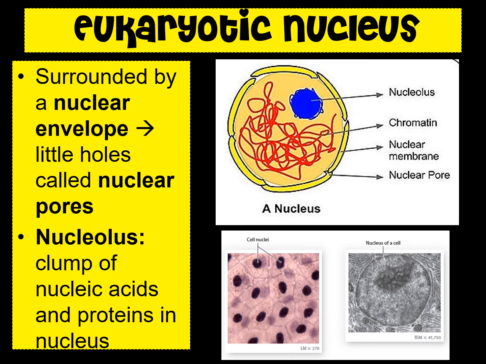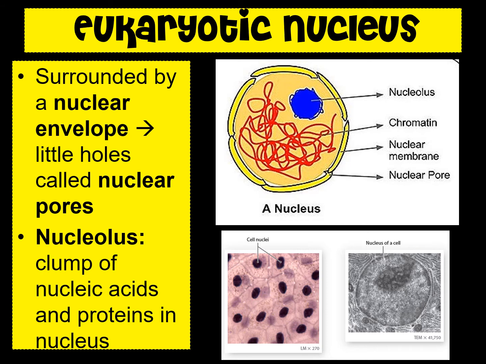You're going to see why that is important when we talk about transcription and translation and how to make a protein, because that is actually how a message gets out of the nucleus to go make a protein. There's also a little structure called the nucleolus that's found in the nucleus, and this is made up of a clump of nucleic acids and proteins that you can find in the nucleus.